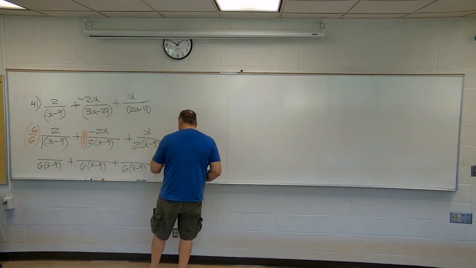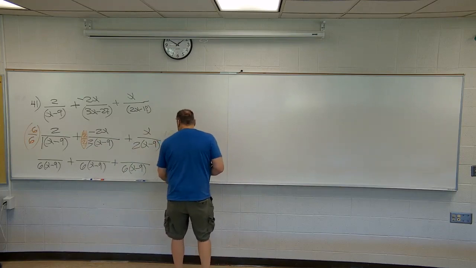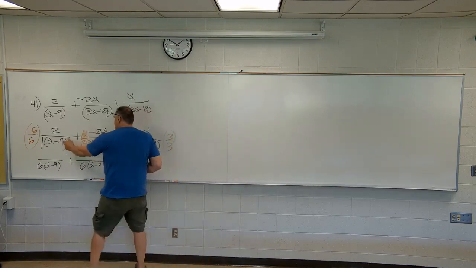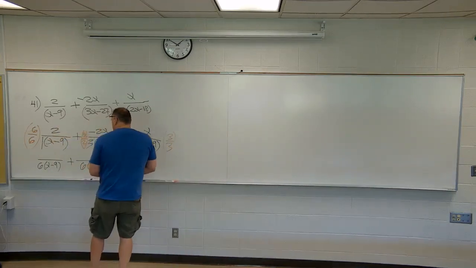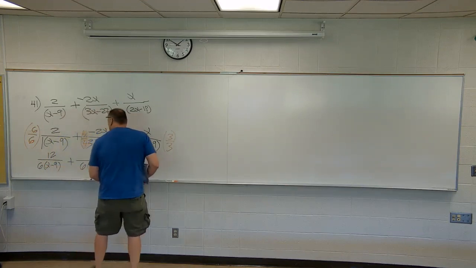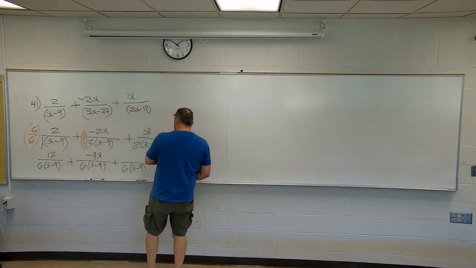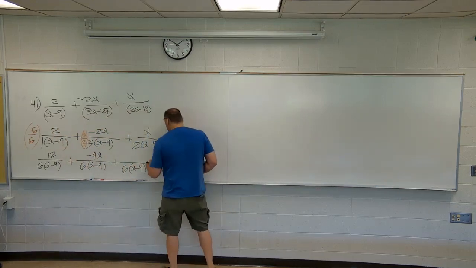You multiply the top by 3. The special ones are 3 over 3, 2 over 2, 6 over 6. The way we do fractions, we're doing it with rational expressions. Multiply by 6 on top, multiply by 2 on top, multiply by 3 on top, because you multiply by 3 on the bottom.